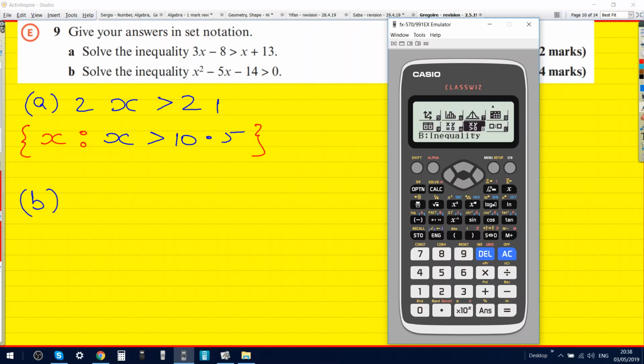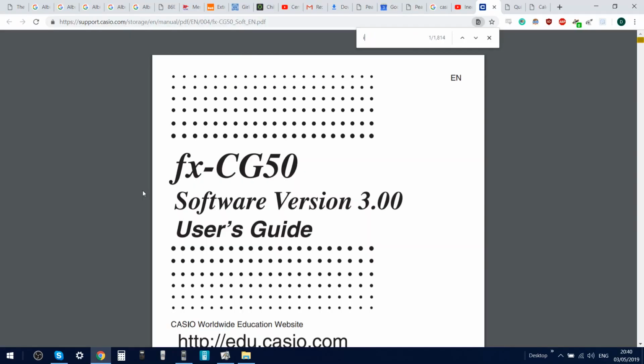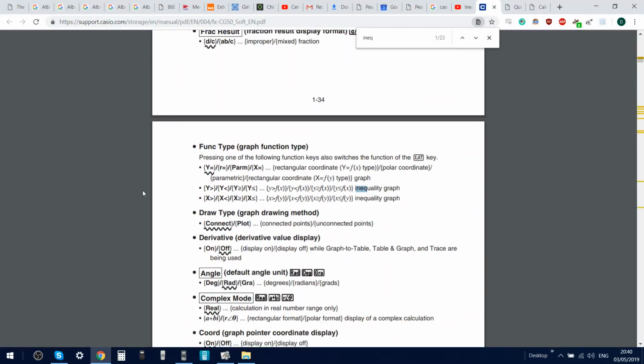On this one, they have one for inequalities. Can you solve an inequality? It's probably here. Simultaneous, polynomial, more than 0.